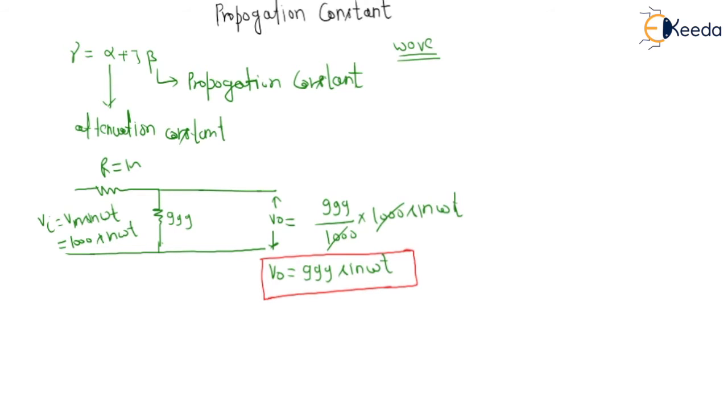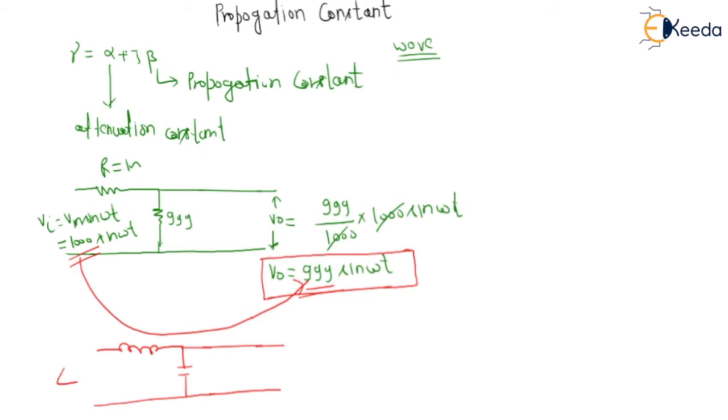What is happening exactly? The magnitude at the input point was 1000 and it has been reduced to 999 at the output. So it means attenuation in magnitude happens when the voltage wave travels in the transmission line. Now when this is L and this is C, and let us assume this angle is phi, when we apply the LC network, it will be phi plus or minus theta, either it will increase or it will decrease.